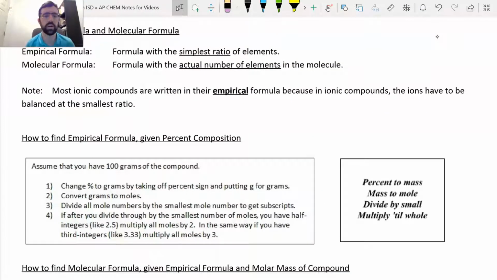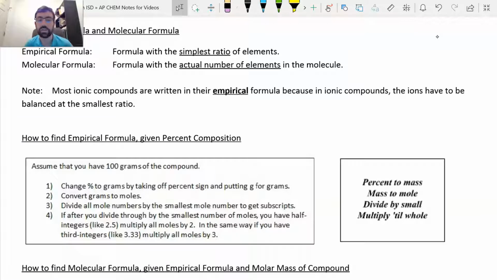All right, so continuing on with empirical and molecular formula. The empirical formula is the formula with the simplest ratio of elements, and the molecular formula, that's the actual formula, the formula with the actual number of atoms of a given element in the molecule.